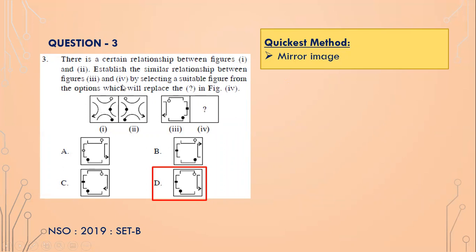So this is the exact mirror image. If the mirror was placed here, this is the exact image of this. Similarly, if this hollow circle is pointing left, the hollow circle will point right here. This thing is pointing inwards, so this will also point inwards. So option D is the correct option.